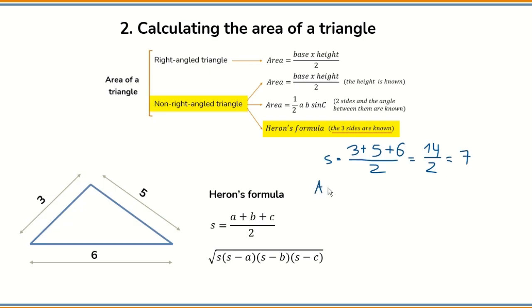And the area will be the square root of 7 times 7 minus 3 times 7 minus 5 times 7 minus 6.